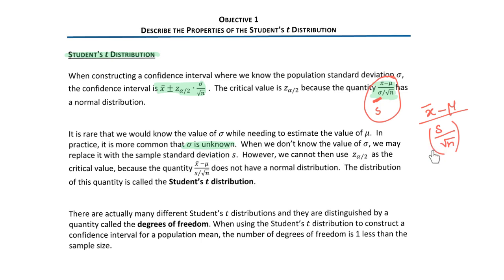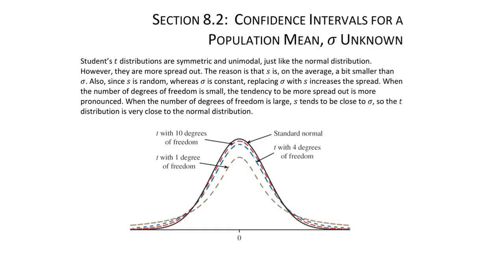The distribution of this quantity is called the Student t distribution. There are many Student t distributions and they are distinguished by the degrees of freedom. When using the Student t distribution to construct a confidence interval for population mean, the number of degrees of freedom is 1 less than the sample size.